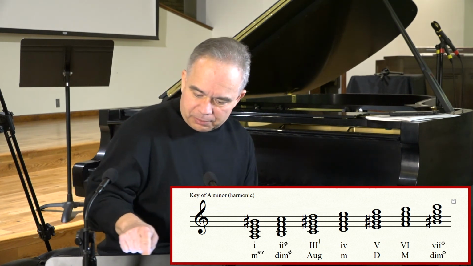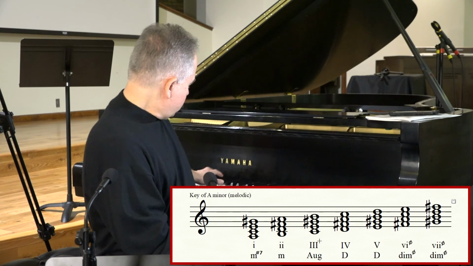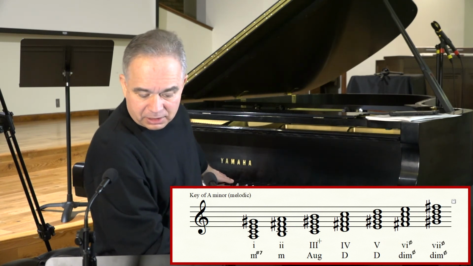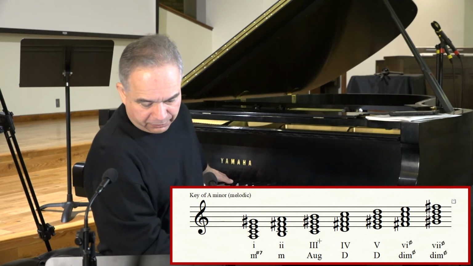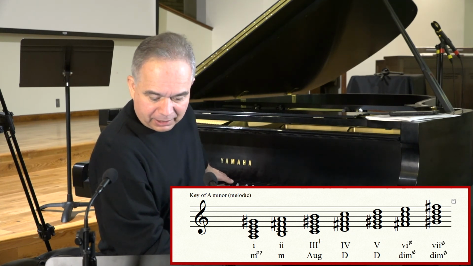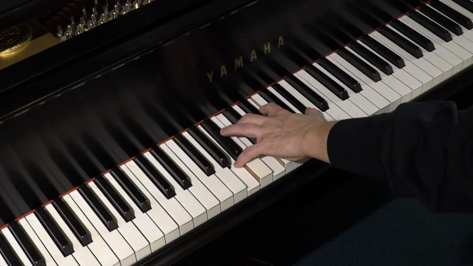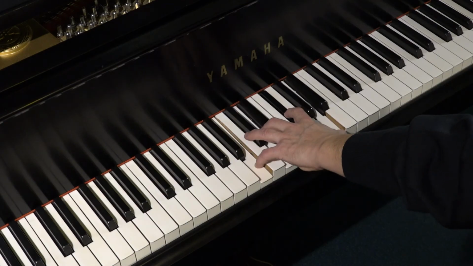All right, let's move on to the melodic form. The melodic form has a lot of elements in common with the harmonic. The first one is an example of that: that descriptive minor with a major seventh. Then this one's different than the harmonic.